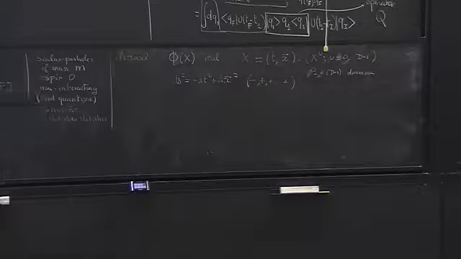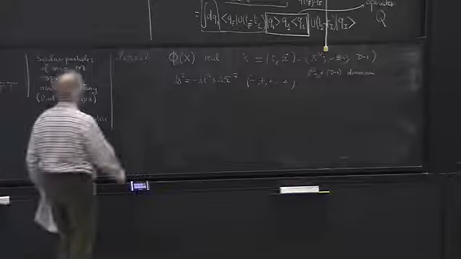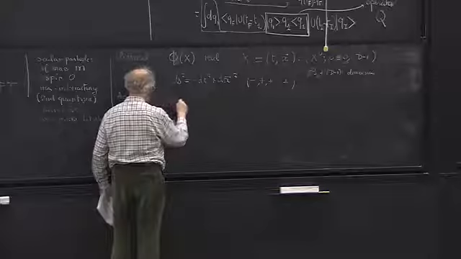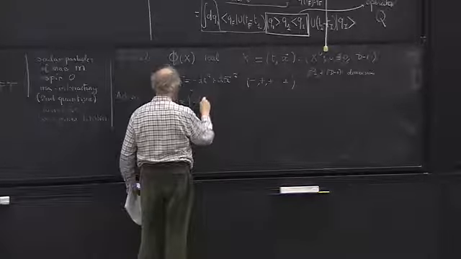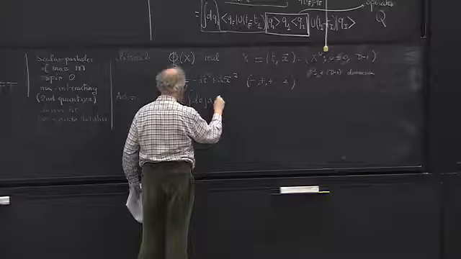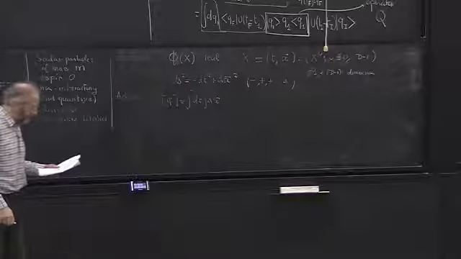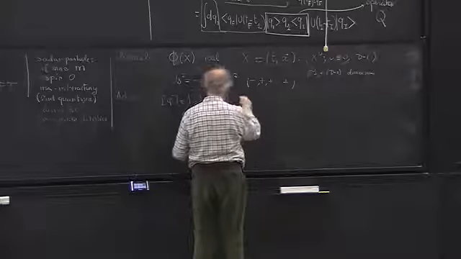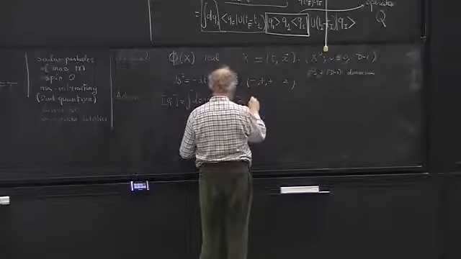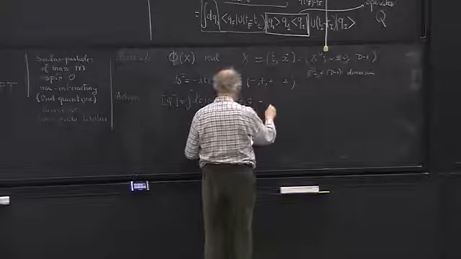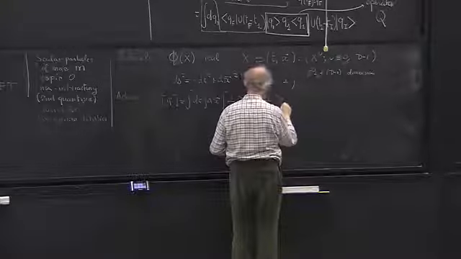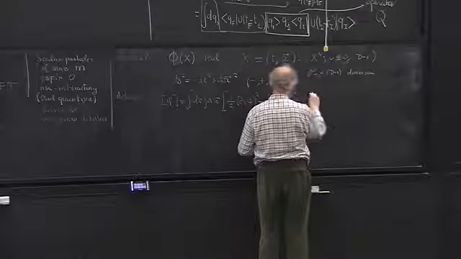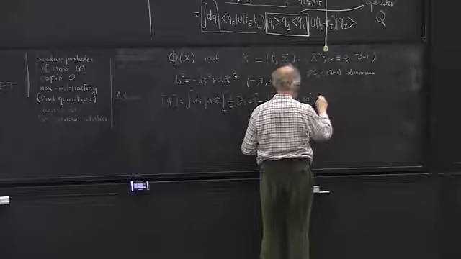Okay? So now, what is the classical action for this free field? It's given by an integral over time, an integral over space of a Lagrangian density. And what is the Lagrangian density? It is 1/2 of dt of phi squared minus 1/2 of the gradient with respect to the position of phi squared minus m squared over 2 phi squared.